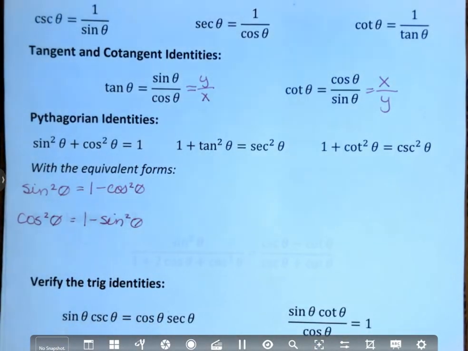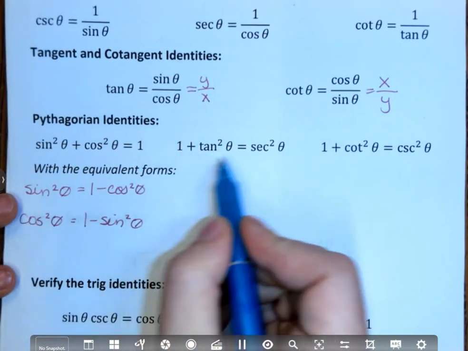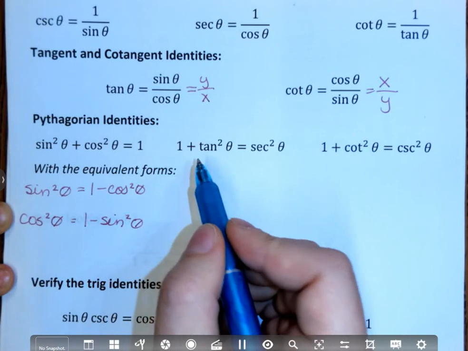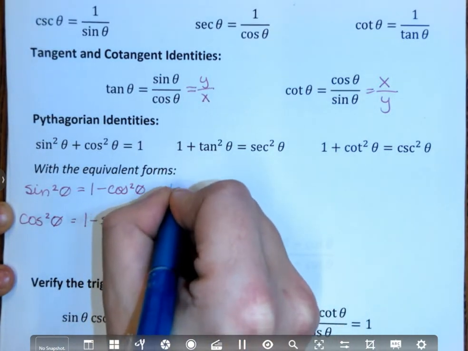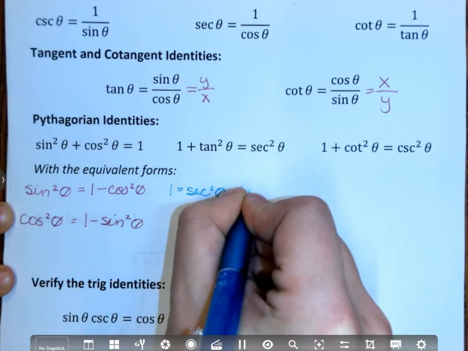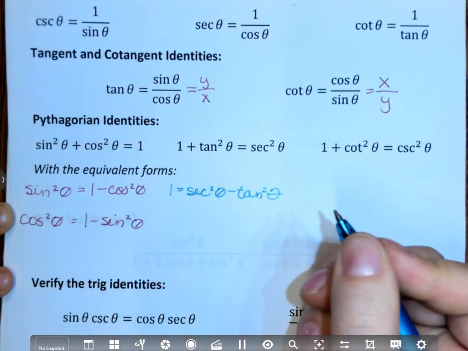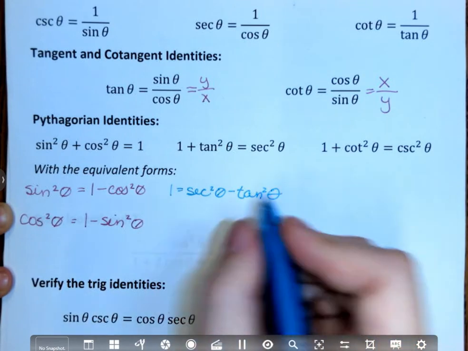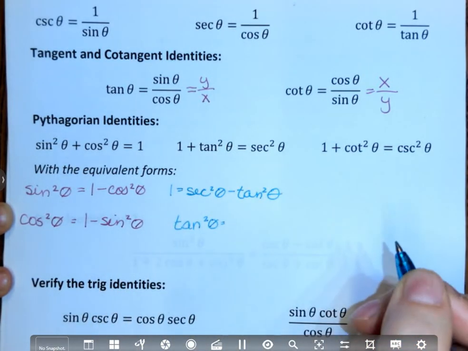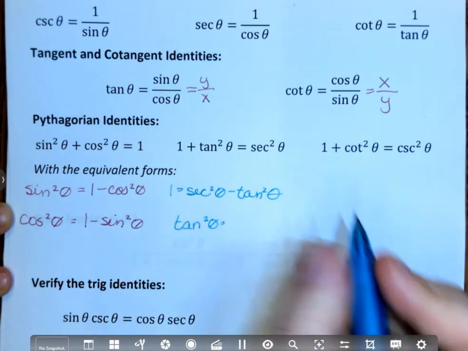What if I wanted to do the 1 by itself here? What would I need to do? Subtract tangent squared. So 1 would be secant squared theta minus tangent squared theta. If I wanted to get the tangent by itself, what could I do? Subtract the 1.